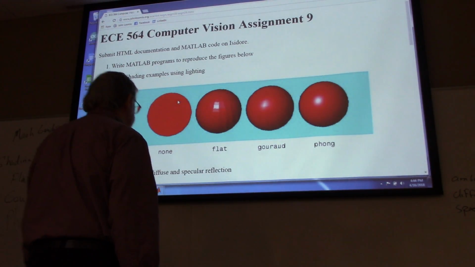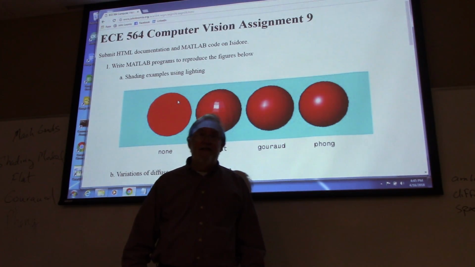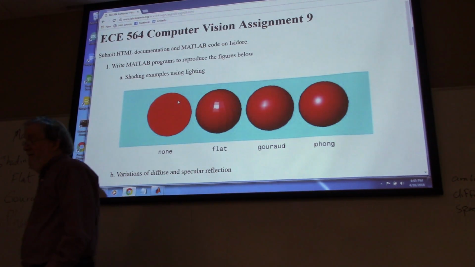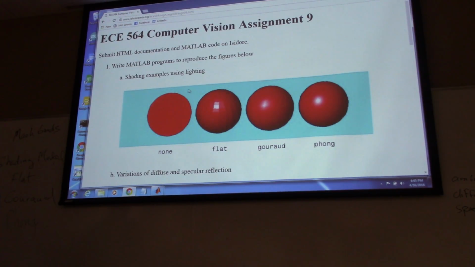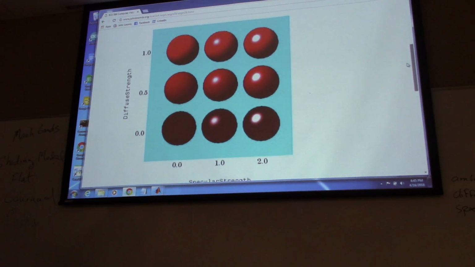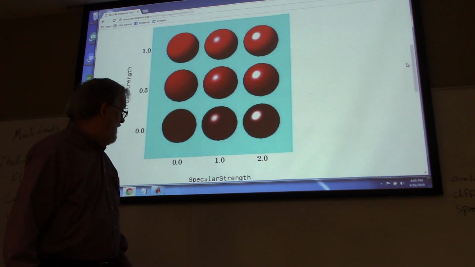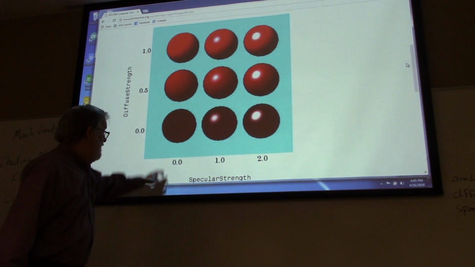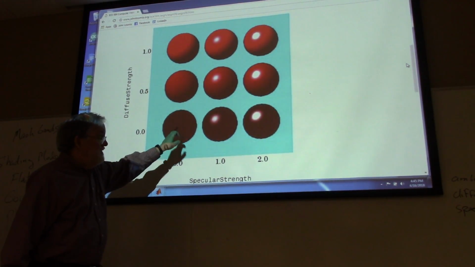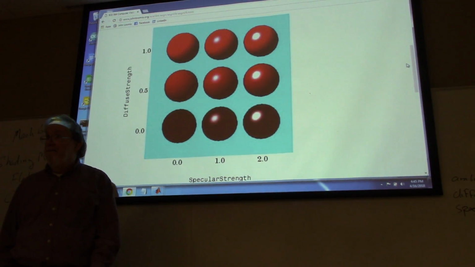So we want to demonstrate an example that looks something like that. And this is an example that goes between specular strength and diffuse strength. And it looks like the ambient must be pretty well off, right? Because that looks pretty black there.